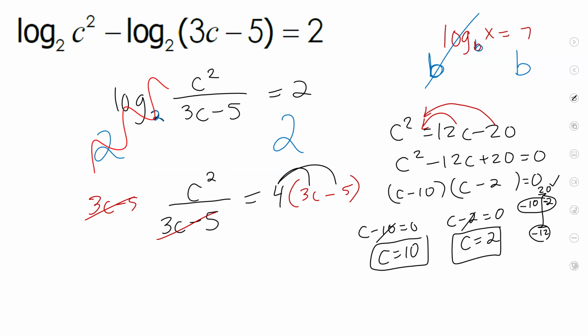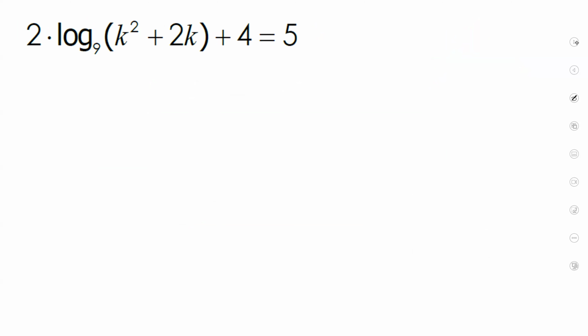Okay, let's do one more example on the same page. One more example, and I'll let you go. All right, so here, I don't have any other logs to do the product rule with. So what I'm going to do here, I'm going to do some algebra. Subtract 4 from both sides.